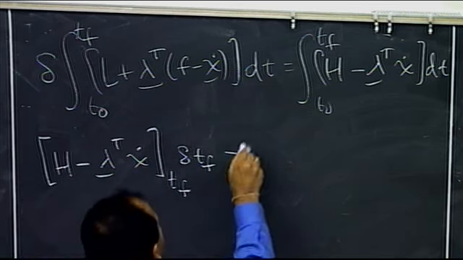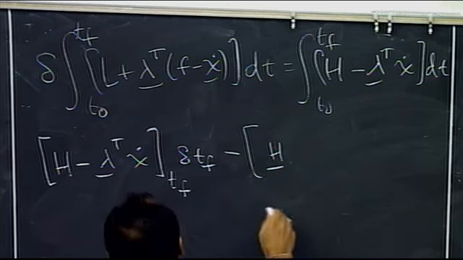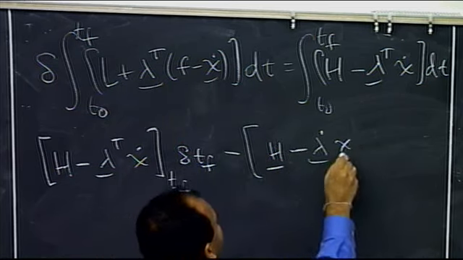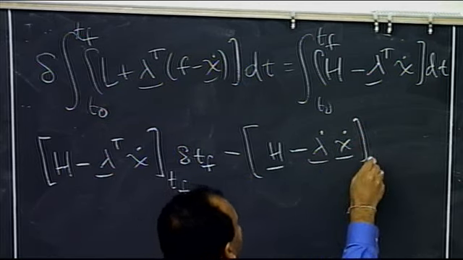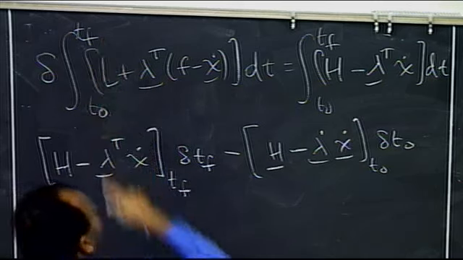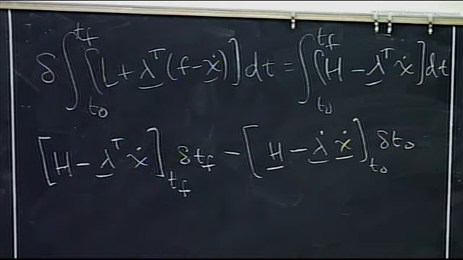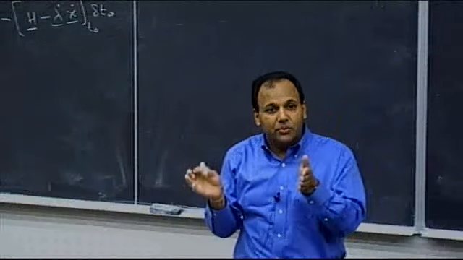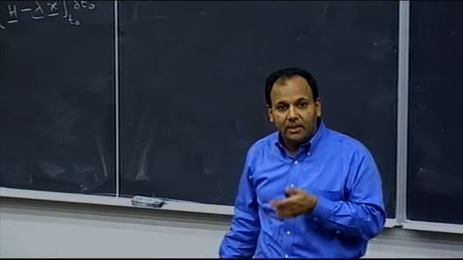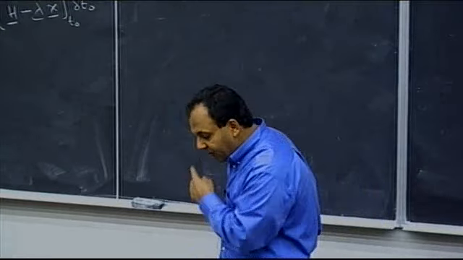And then I'm going to get minus (H minus lambda transpose x dot) evaluated at t0 times the variation in t0. That's what comes out from doing the endpoint variations, right? Because I'm taking the variation and then from Leibniz rule and the fundamental theorem of calculus, the derivative of the integral is equal to the function evaluated at the endpoint. So that gives me the endpoints.